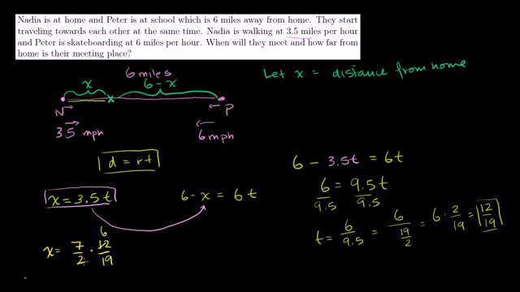So you divide the numerator and the denominator by 2, and we get 7 times 6 is 42 over 19 miles. And that time was in hours. So in 12/19 of an hour, it's a weird fraction, they will meet exactly 42 over 19 miles from home. So it's a little over 2 miles from home.